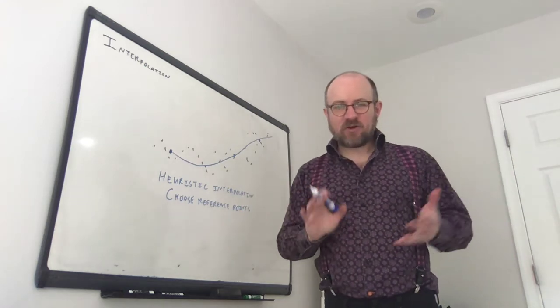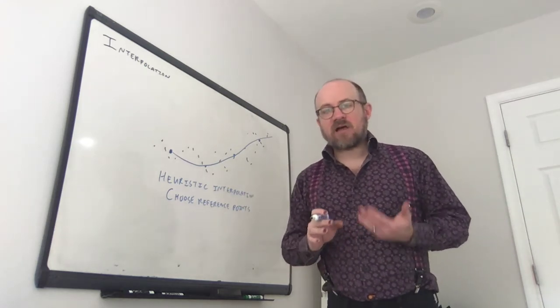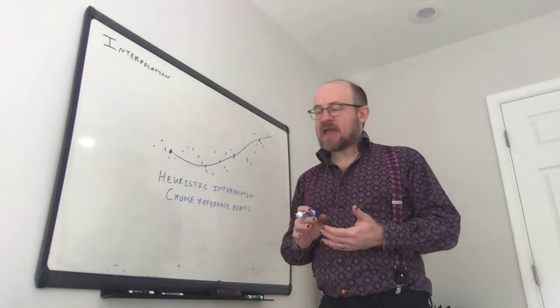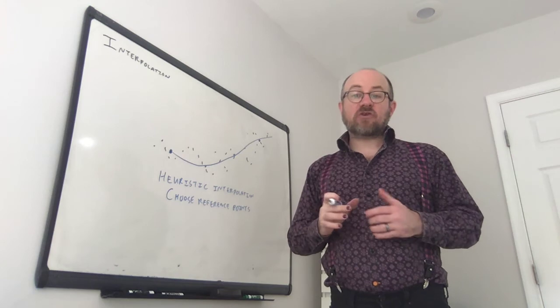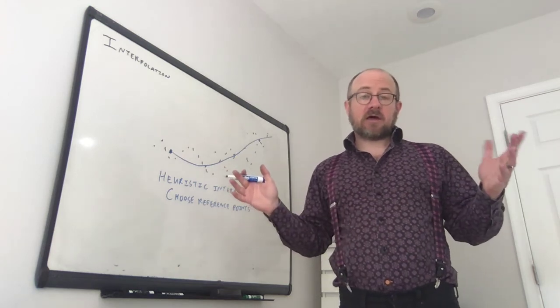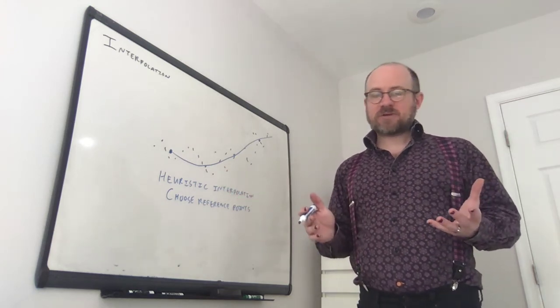This is, like I said, this is heuristic. This is not mathematical. It's not rigorous, but it can give you a picture of kind of what the curve looks like if you're just trying to speak generally. Again, not with any mathematical precision. Okay?